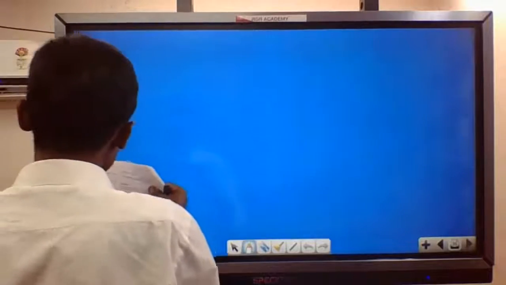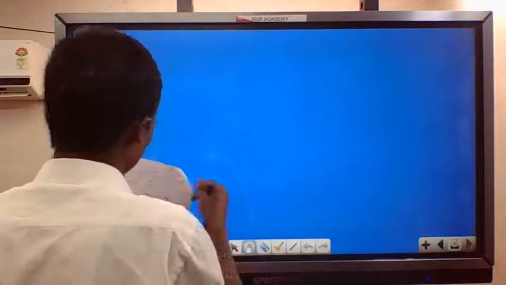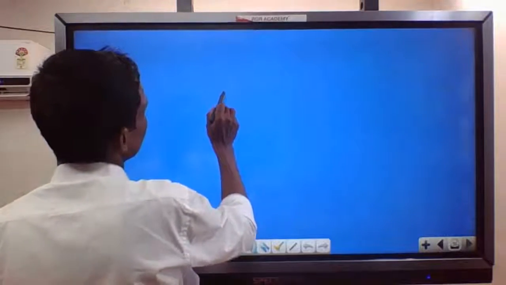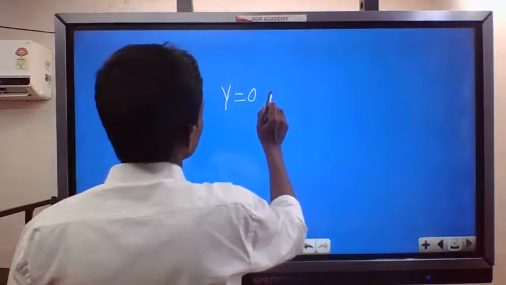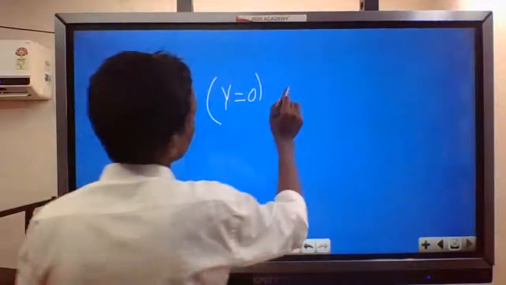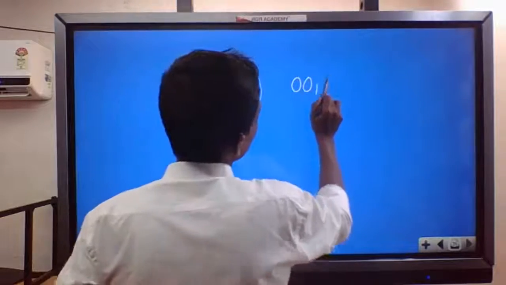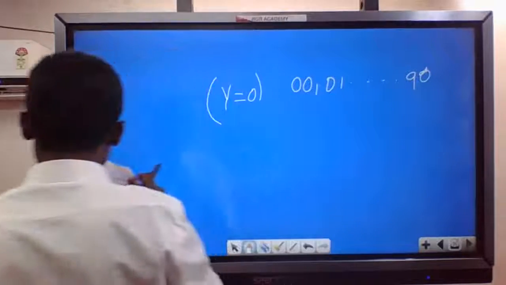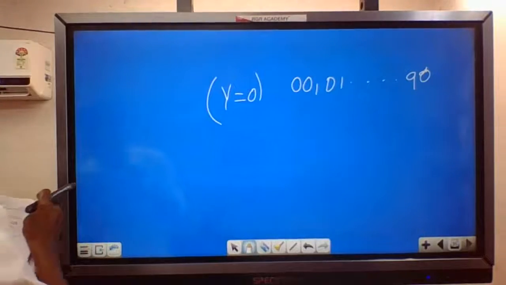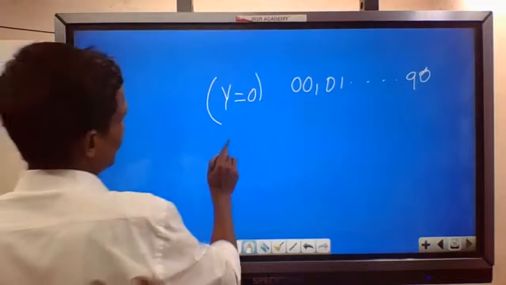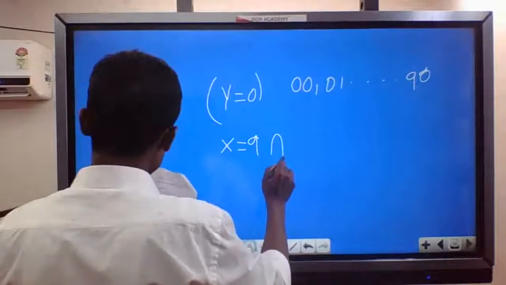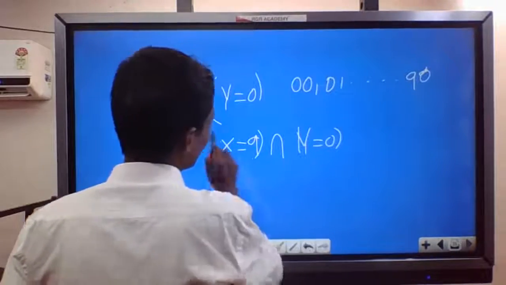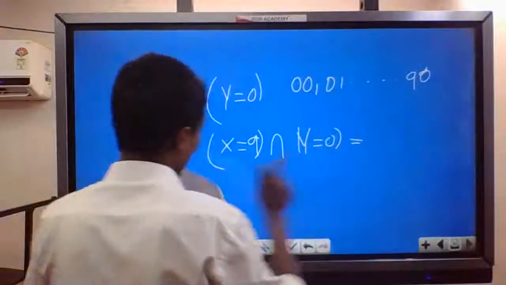Here in this problem, the event y equal to 0 includes 00, 01, up to 90, and x equal to 9 intersection y equal to 0 gives 09 and 90.